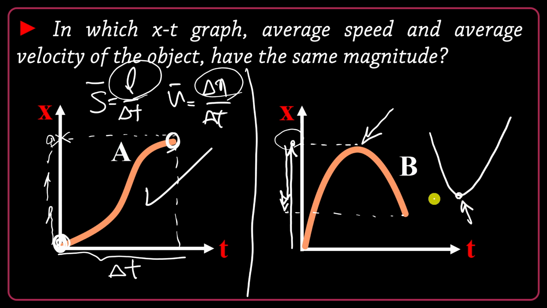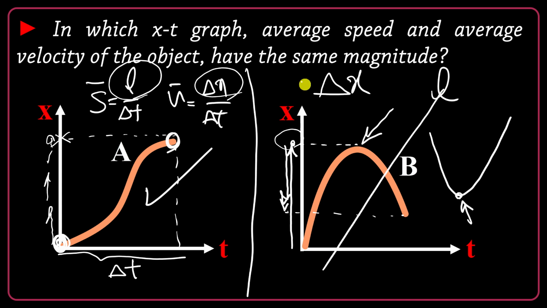I have explained it in previous videos. So you know that a turning point will make delta x different from L. So here I can't say that the displacement and distance have the same magnitude. So S bar and V bar won't have the same magnitude. So forget about it. This one has different delta x and different L. Different S bar, different V bar.